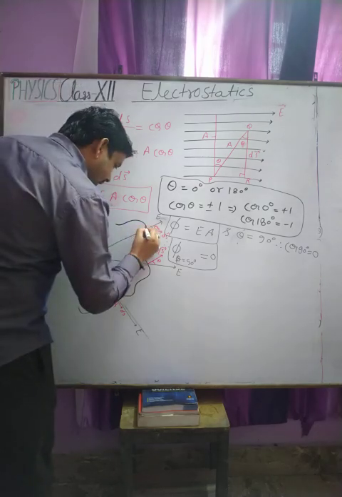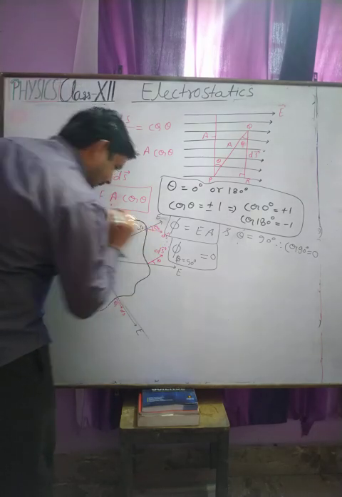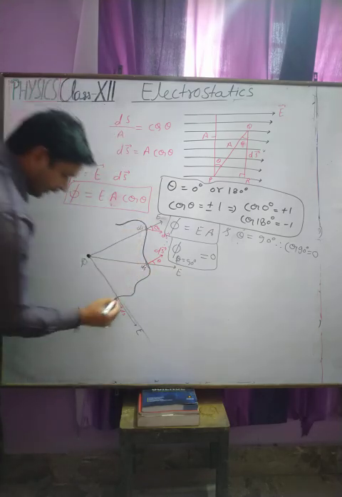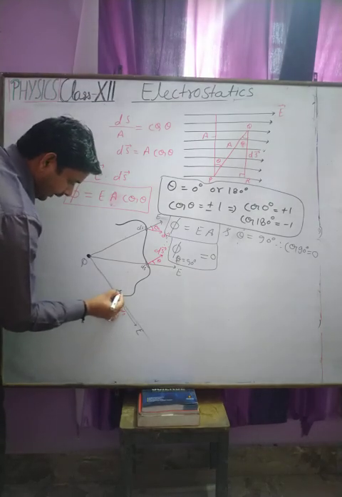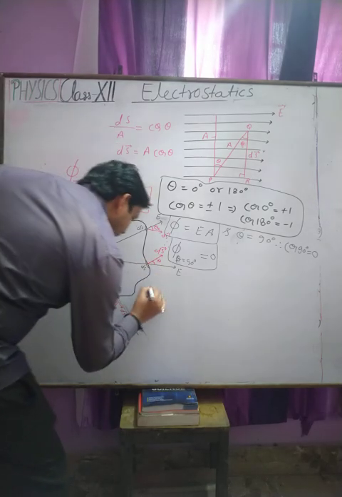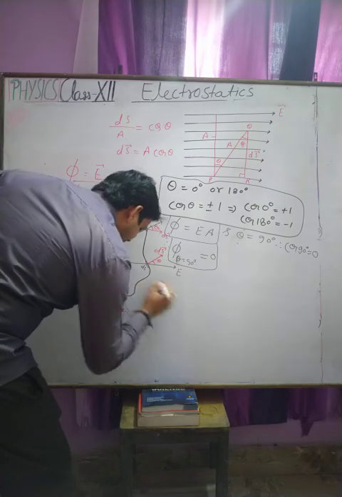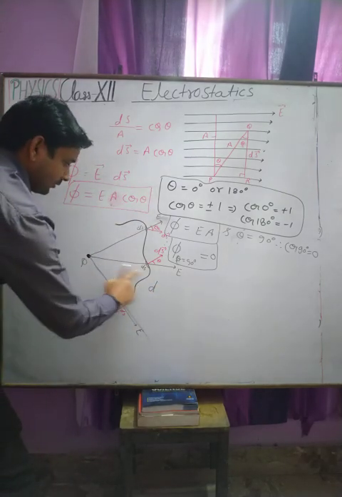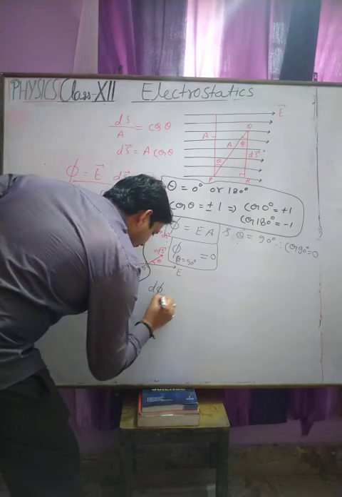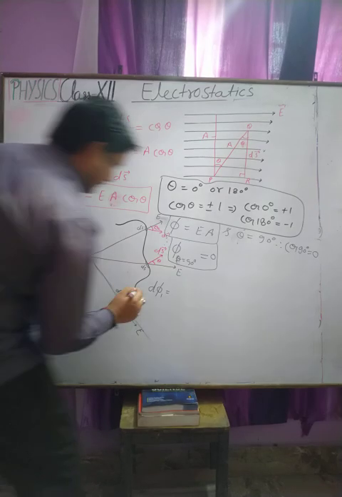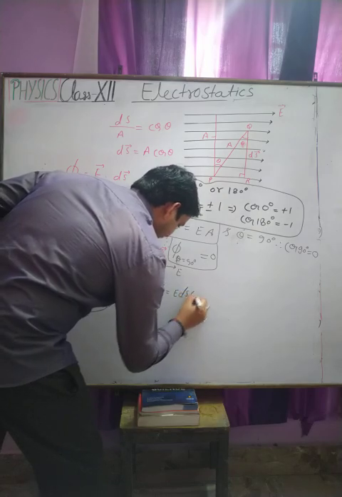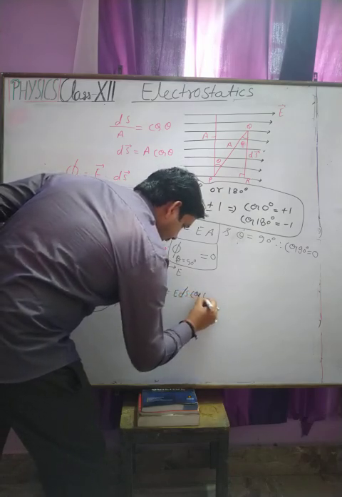Suppose this is small area vector ds, this is again the same small area vector ds, and this is also the area vector ds. So we can calculate the small flux through this surface, small flux through this surface, small flux through this surface. So d phi 1 for this surface is E ds cos theta 1.